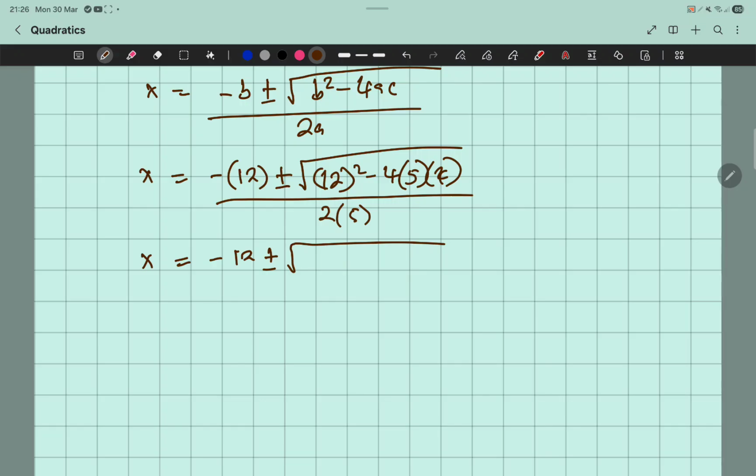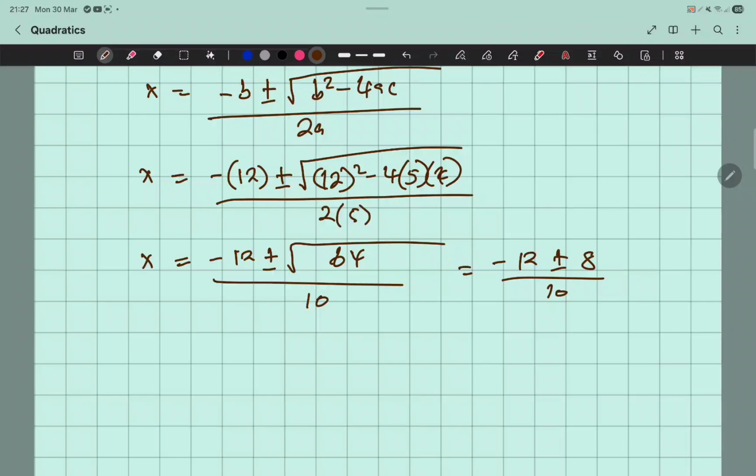So 12 squared minus 4(5)(4), which is 64 here, all that over 10. Negative 12 plus or minus root of 64, that's 8, all that over 10.